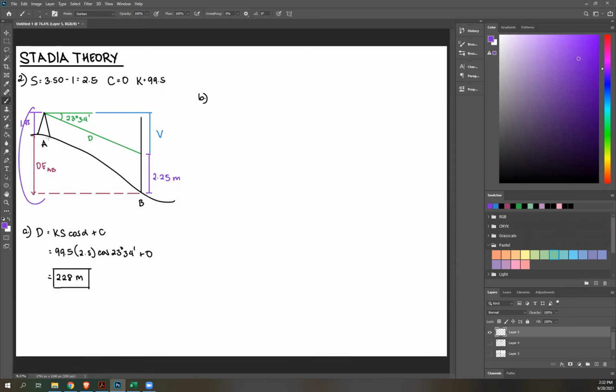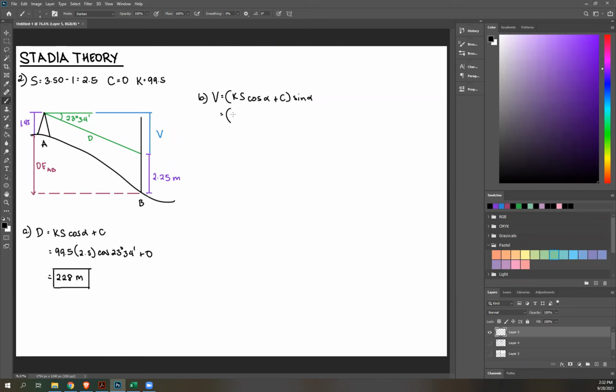Looking here, you'll see that this height equals this height. So DE plus 1.45 equals V plus 2.25. Therefore, DE is just V plus 2.25 minus 1.45. So that means I need to solve for V first. And we know the equation for V. That is Ks cosine alpha plus C sine alpha.